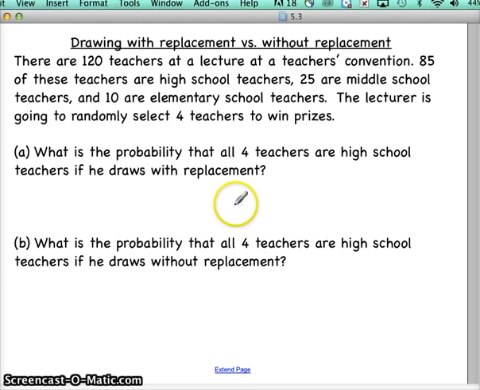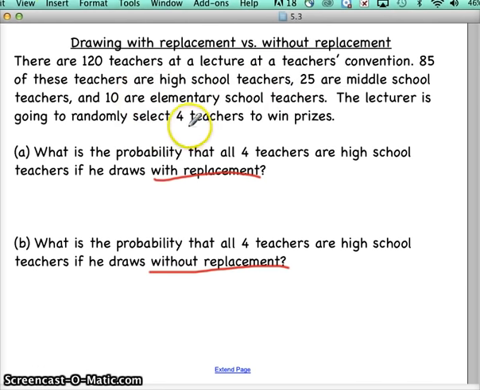This is kind of just a side note sort of thing, but it's worth talking about when you're drawing something with replacement and without replacement. So we got to just go through this. So the example, we've got 120 teachers at a lecture, 85 of the teachers are high school, 25 are middle school, and 10 are elementary school teachers.